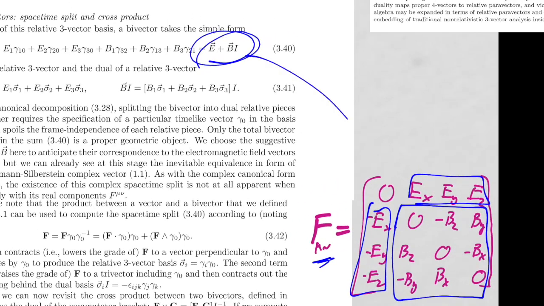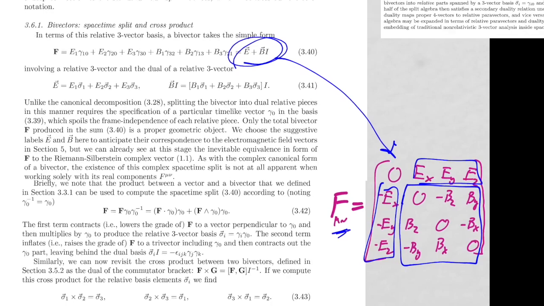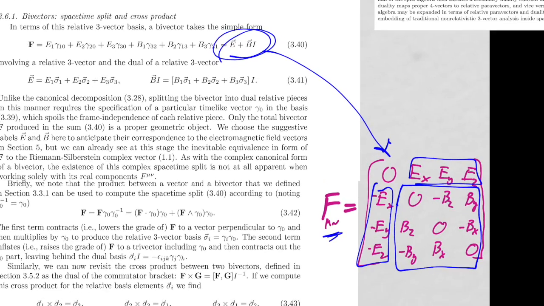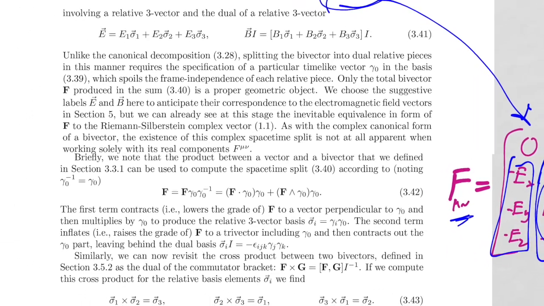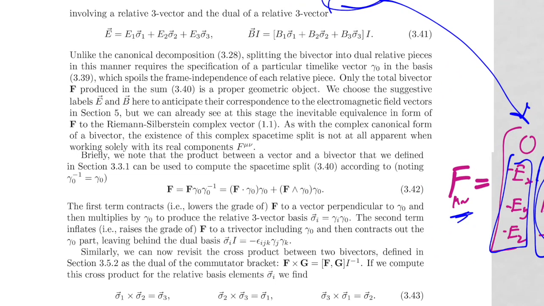I mean, this split here, those are clearly related. And I've always thought of it this way, and I always knew the magnetic field is weirder than the electric field, so it has this strange structure inside the electromagnetic field tensor. So the complex spacetime split is not at all apparent.